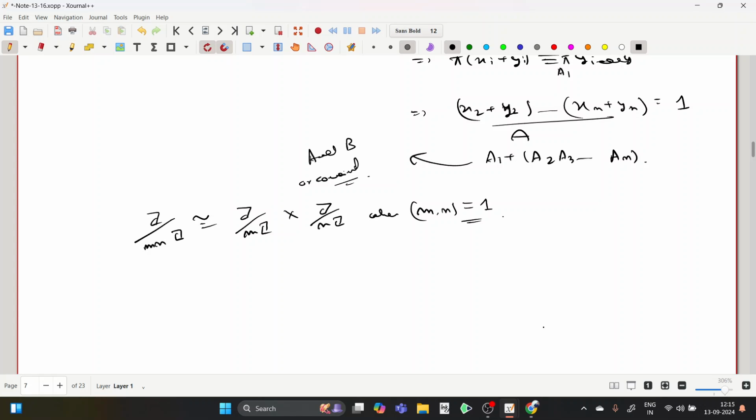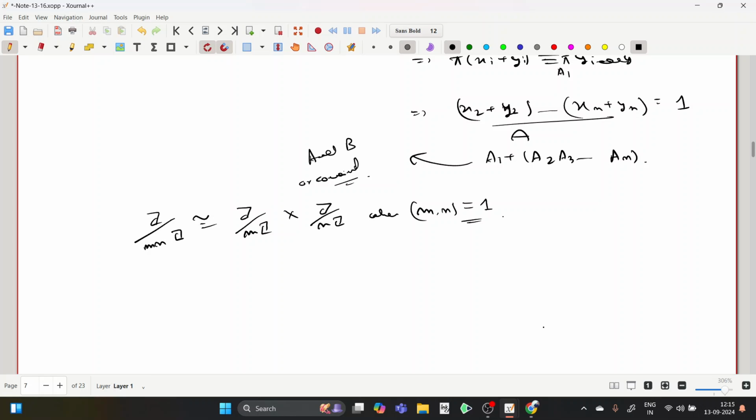So, suppose you have simultaneous congruence equations modulo m and n, where m and n are co-prime. Finding a solution is equivalent to finding a solution modulo mn. Clear? So, this is what we call the Chinese remainder theorem in terms of elementary number theory.